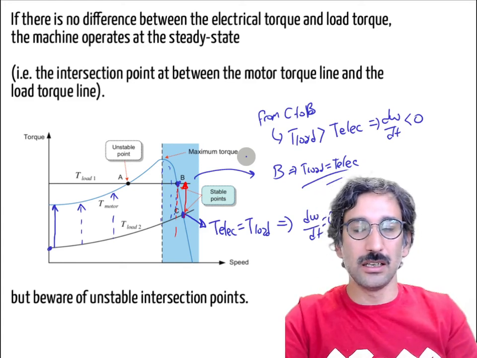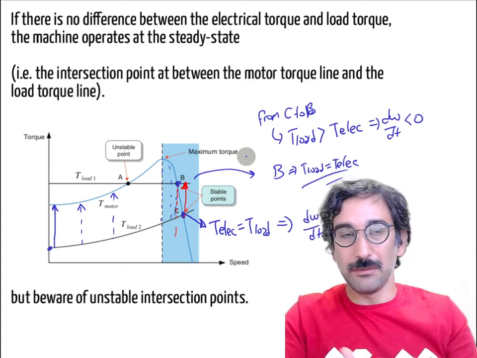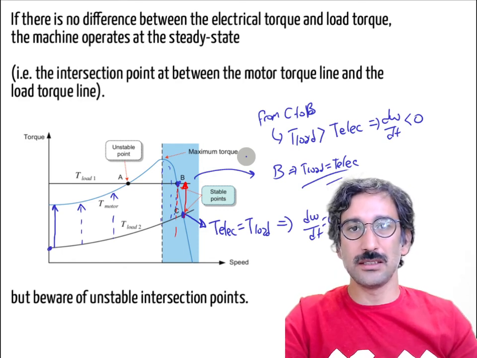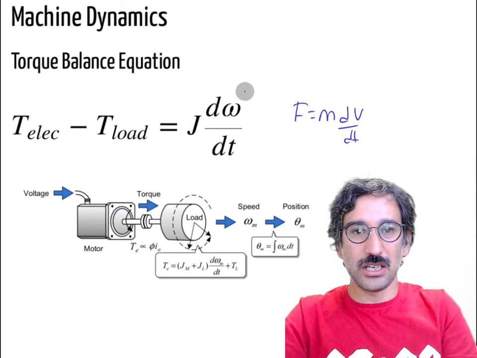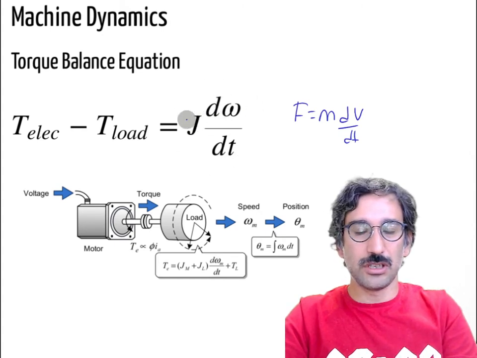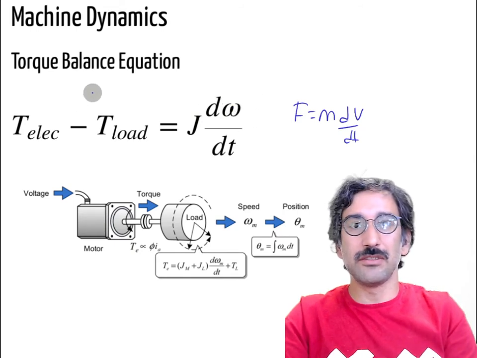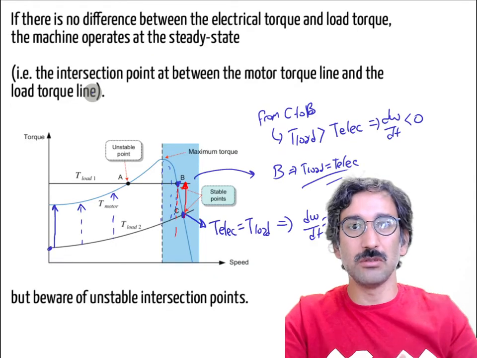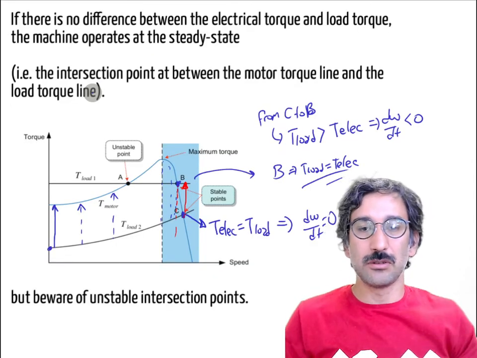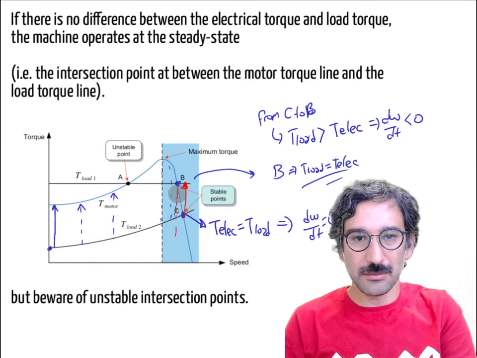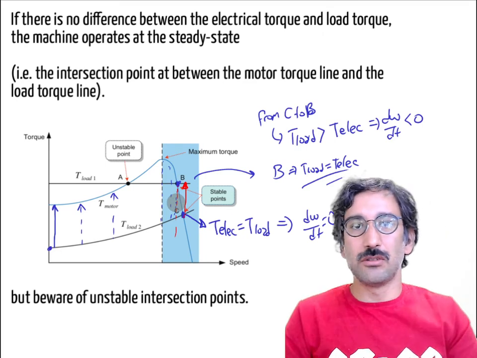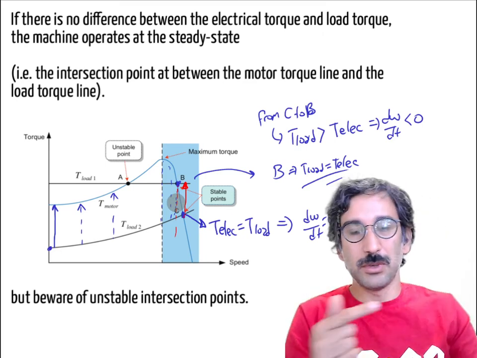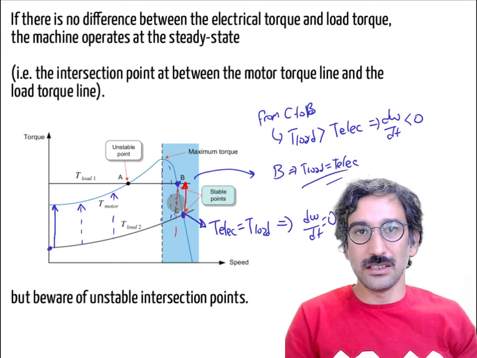Don't forget, in any mechanical system you cannot change the speed instantly, because changing the speed instantly means having a step change, and since there is inertia, a step change in the speed implies you need infinite torque, which is not possible. So it always takes some time to accelerate or decelerate the system, and during that time either your machine is operating as a generator or running as a motor.